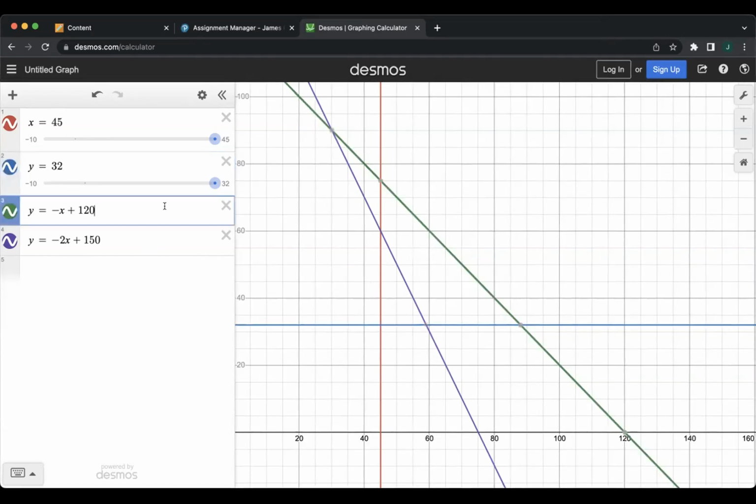Okay, and then here are the two equations we're really concerned about. The green line right here: y is supposed to be less than or equal to this green line, so we should be below the green line. We're looking for y coordinates that are less than those on the green line.